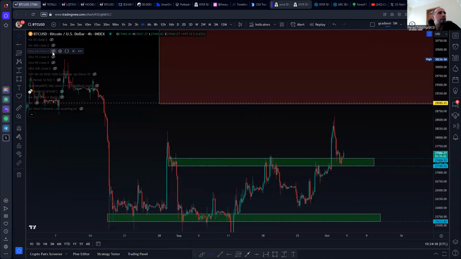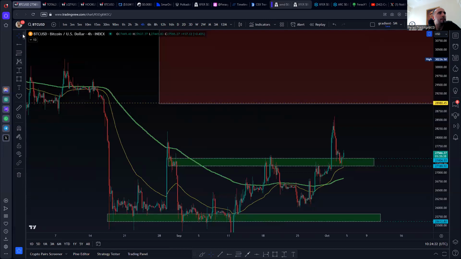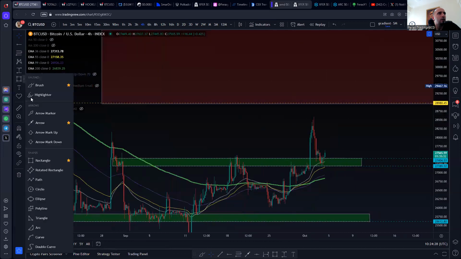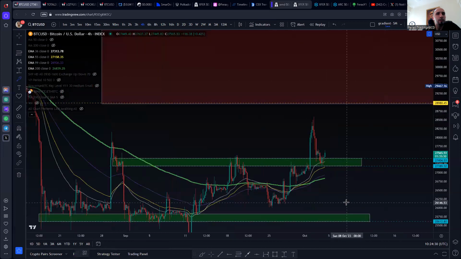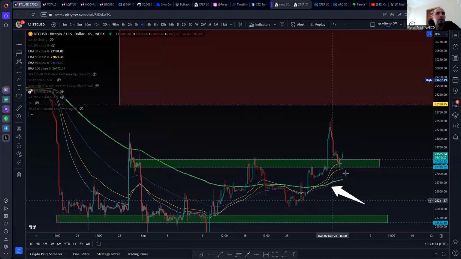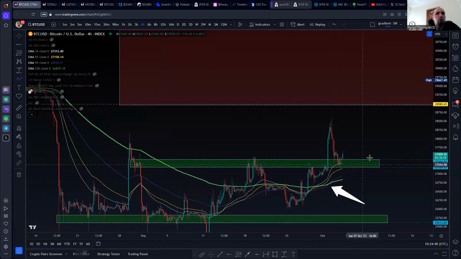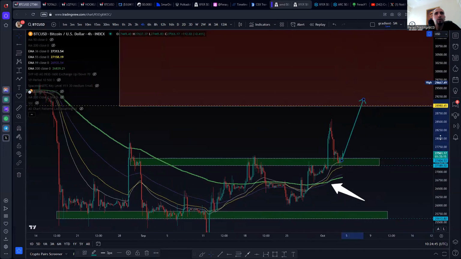Now, if I look at the EMA structure on the 4 hours time frame, the EMAs are finally bullishly crossing. You see the bullish cross of the EMAs. So I can observe this is locally a bearish structure where Bitcoin can push up to somewhere here, 29k.